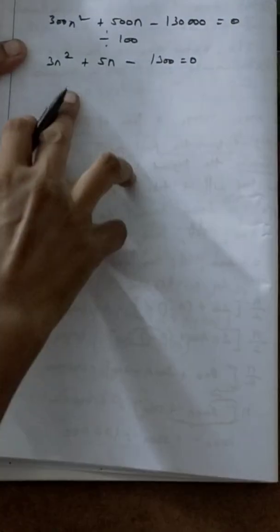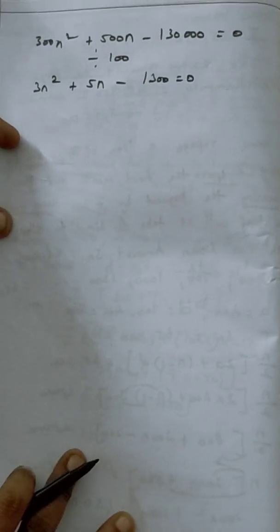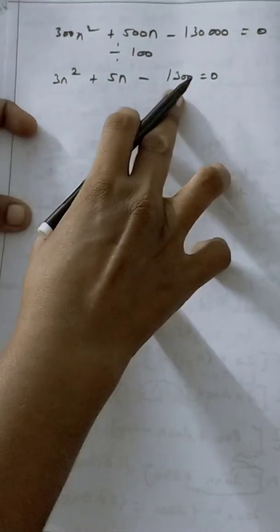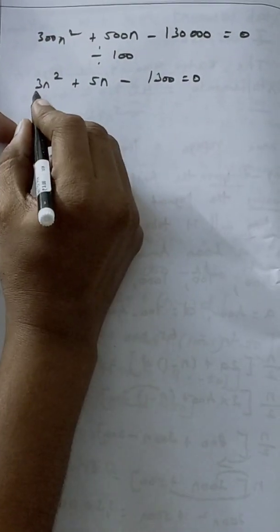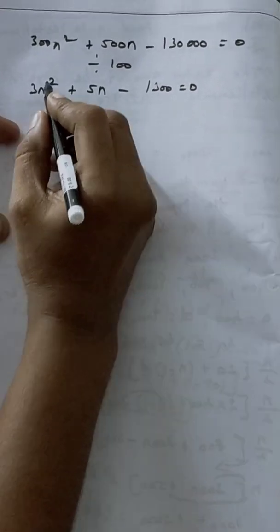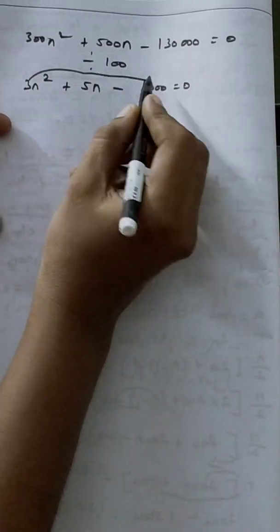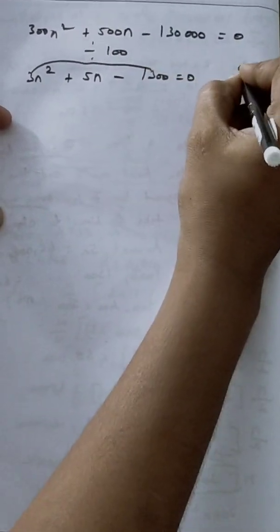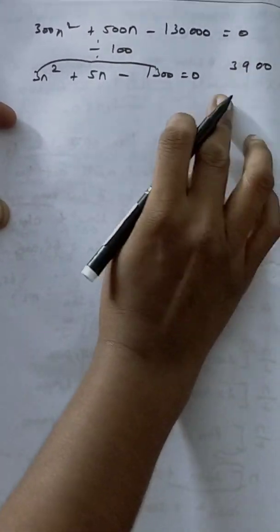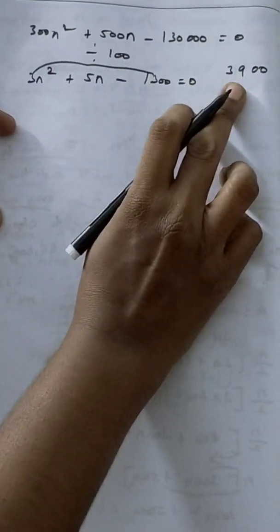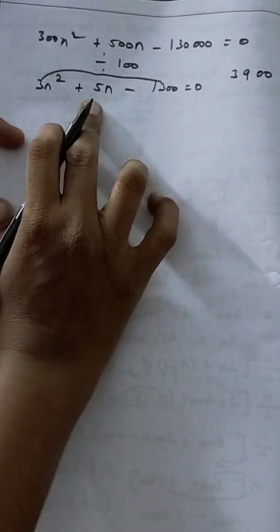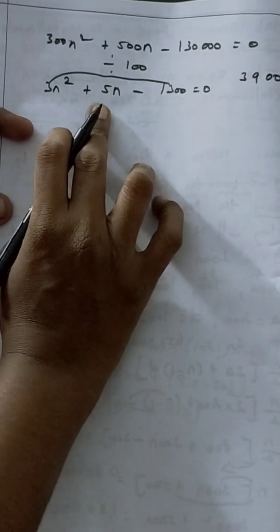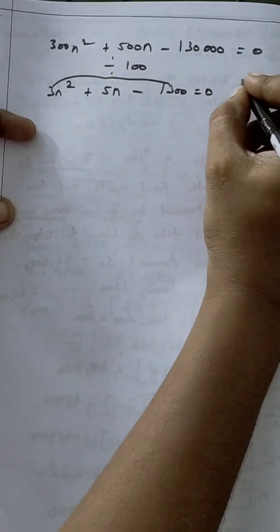So next step, you find out the factors. 3n square plus 5n minus 1300. First of all, the coefficient term is 3. So the first term and the last term are multiplied: 3 threes are 9, so the product of the terms is minus 3900, and the middle term is plus 5. So you find the factors by the prime factorization method.